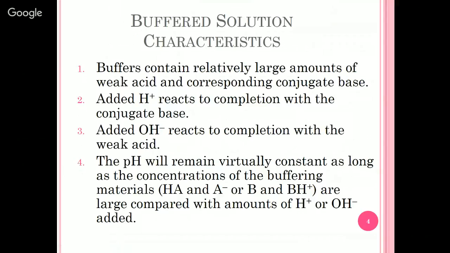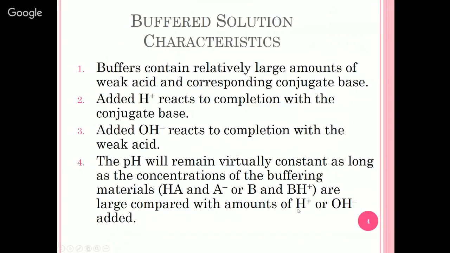We're either increasing the amount of our conjugate base, or we're increasing the amount of our weak acid that's in solution. So your pH remains fairly constant as long as the concentrations of our original buffer materials, weak acid, conjugate base, weak base, conjugate acid, are large compared with the amounts of the strong acid or the strong base that are added.